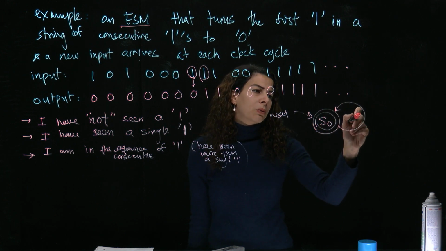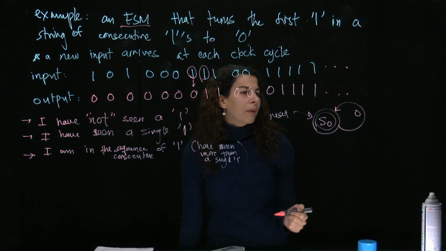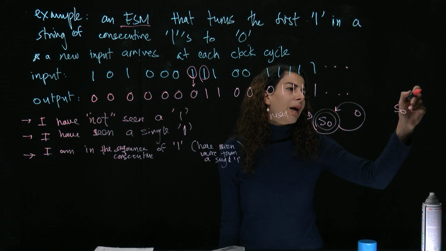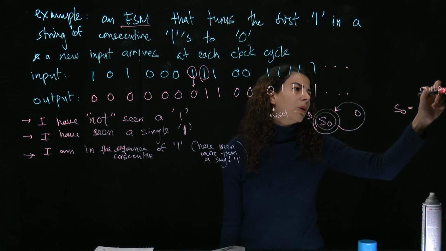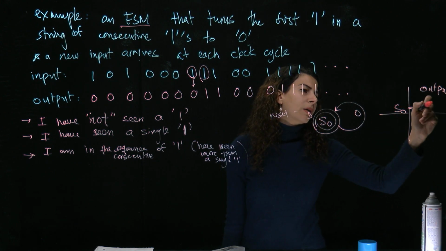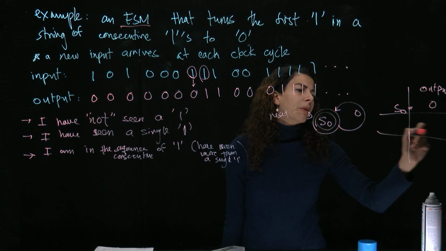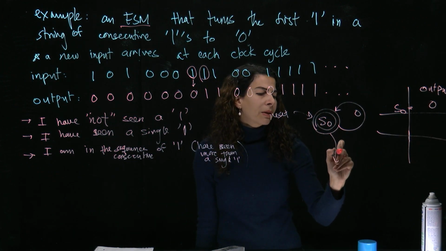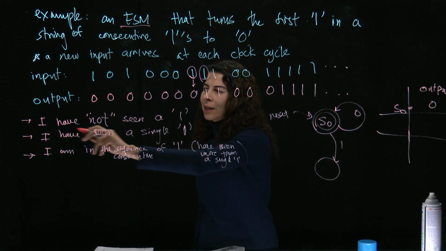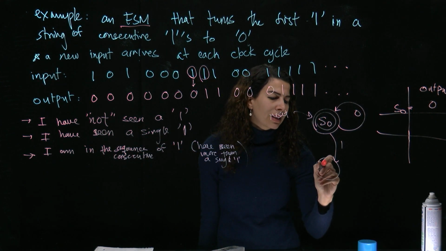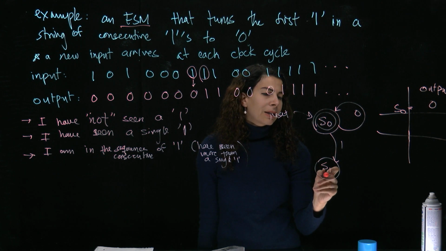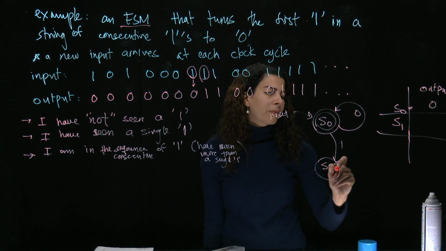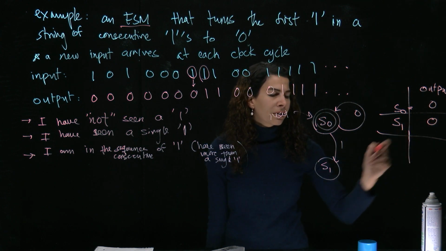I'm going to stay here, so the output will be 0. If I get a 1, I go to the second state, where I'm seeing a single one. But in state S1, what I output is another 0.